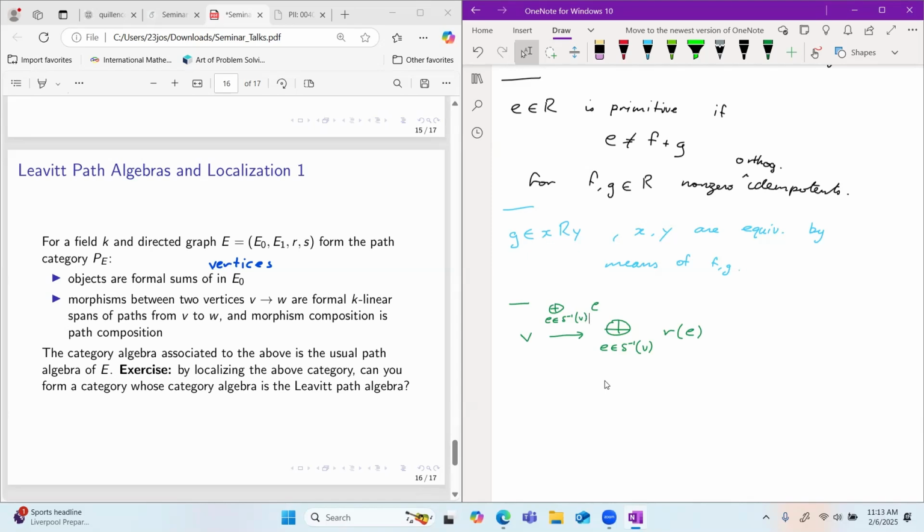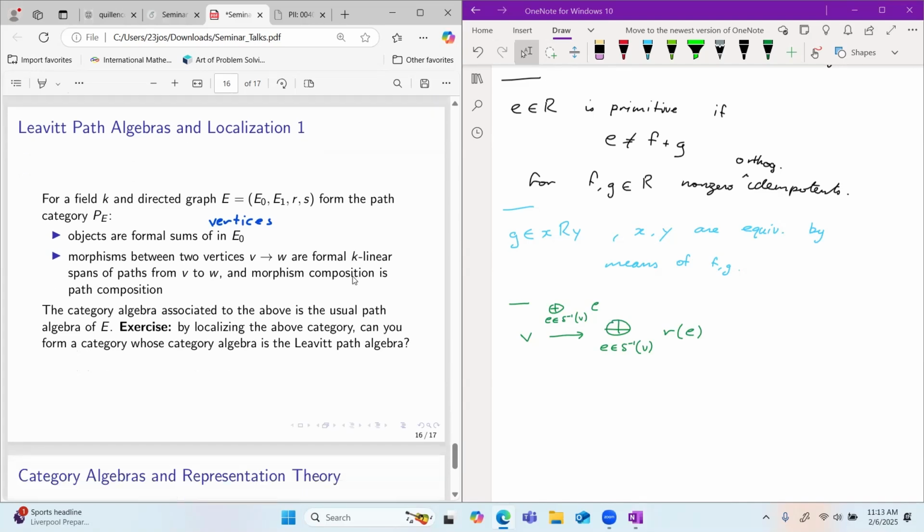For instance, these don't form a finite set. If we take formal sums of vertices, you have to go to the level of matrices, of arbitrary size, to make it all work properly, but it can be done, and you'll get the Leavitt path algebra.